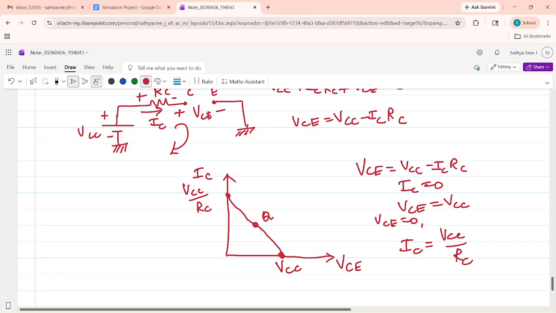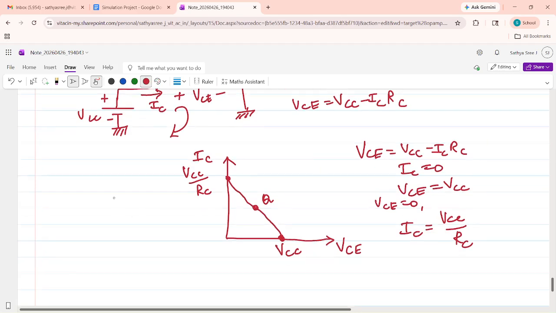Now this equation gives VCEQ, where Q represents the Q point. VCEQ equals VCC minus ICQ RC.